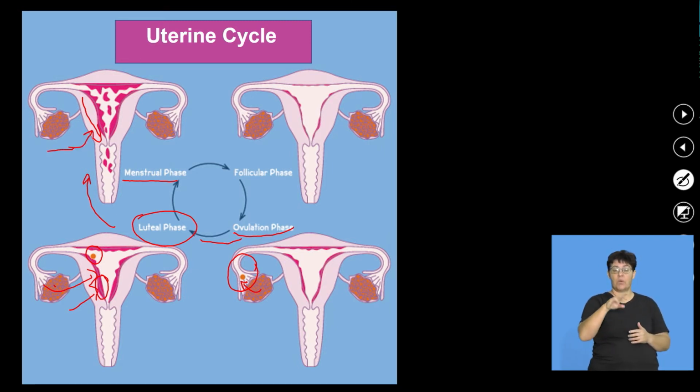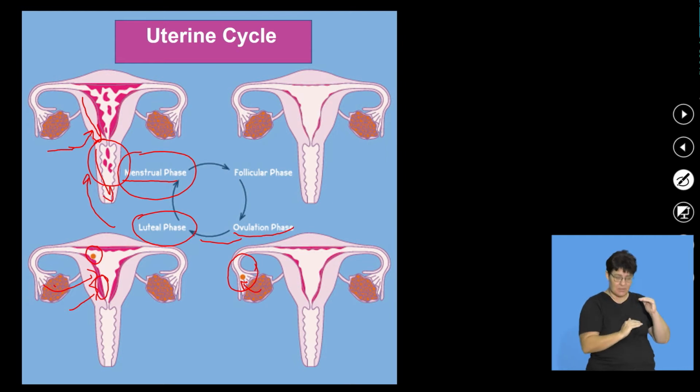So the reason why the menstrual phase occurs is because fertilization has not occurred, and that means that the level of progesterone decreases. When that level of progesterone decreases, it results in the lining of the endometrium being released. And so we refer to that as menstruation, as you would see here.